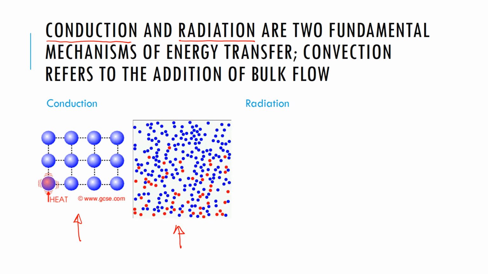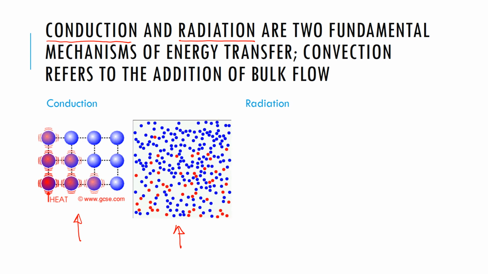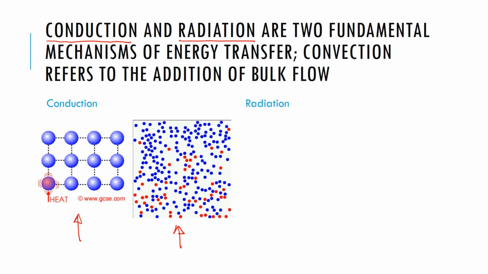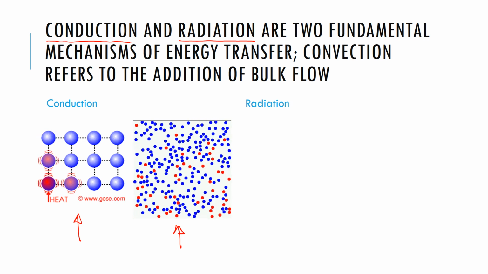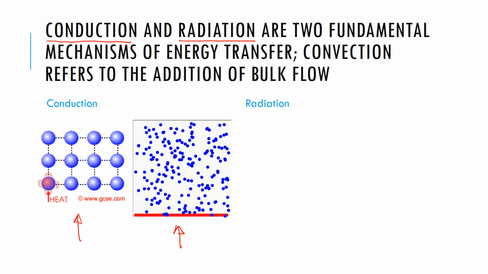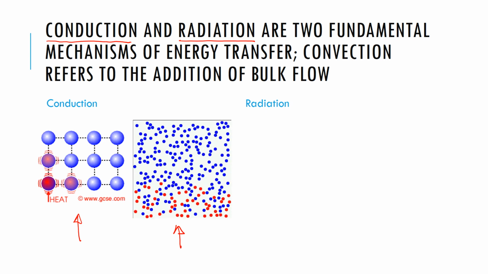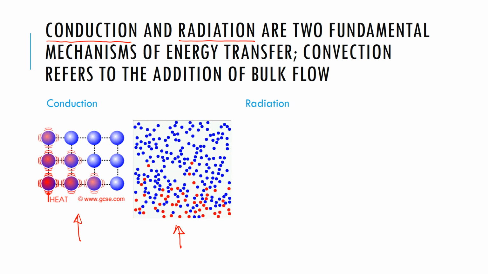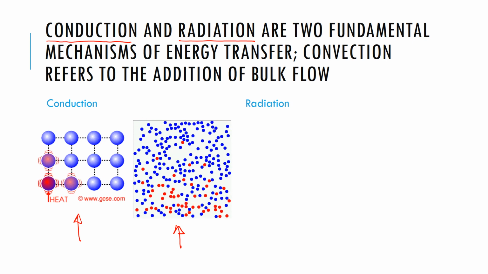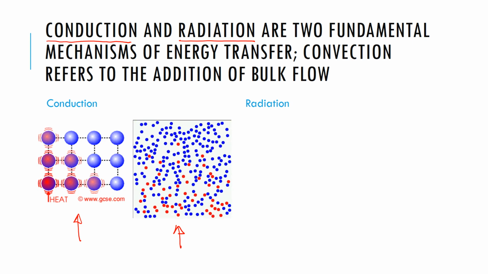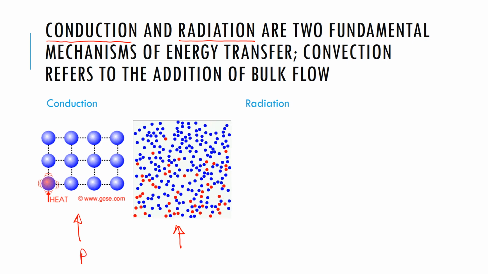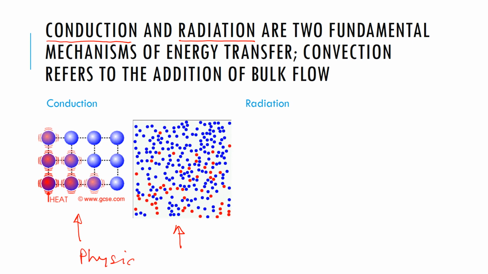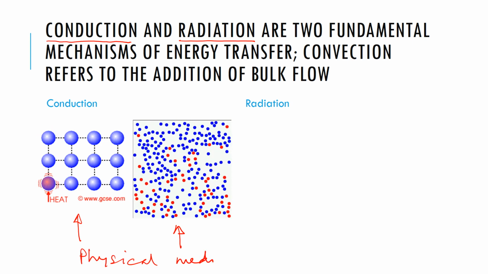Likewise, in a gas, the conduction is also through direct contact between these red molecules that are hotter and the blue that are colder. So conduction requires a physical medium.